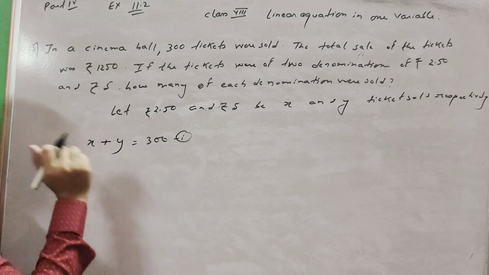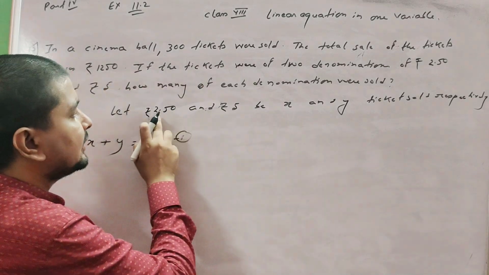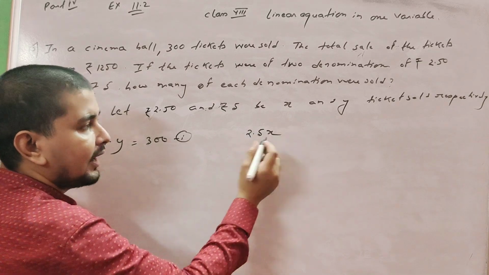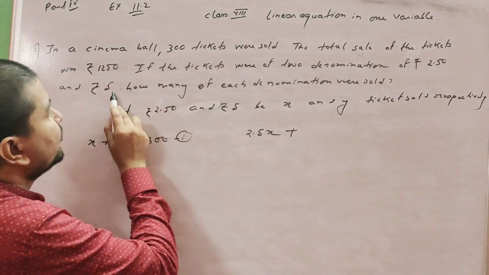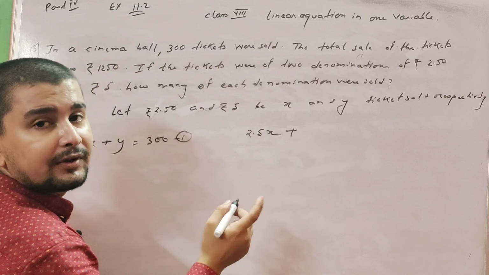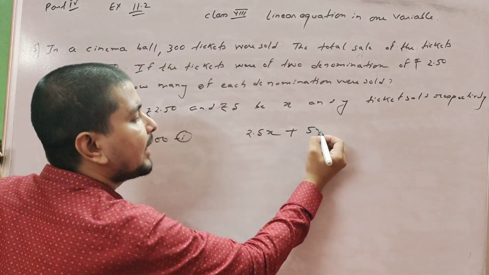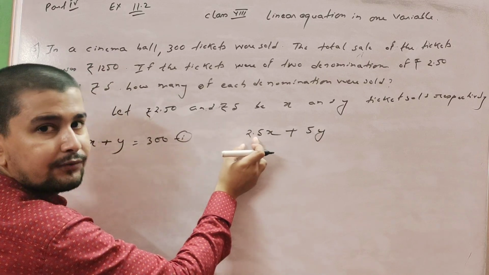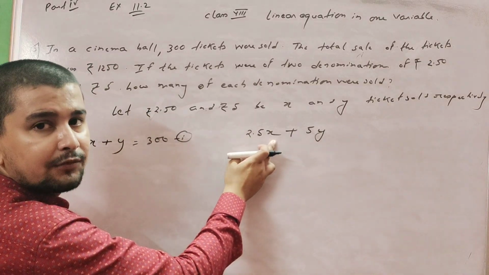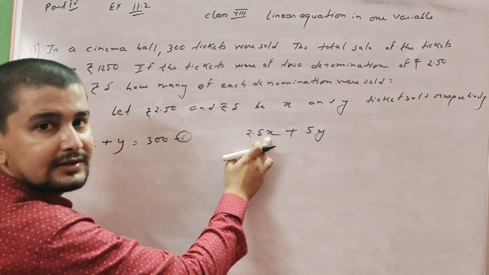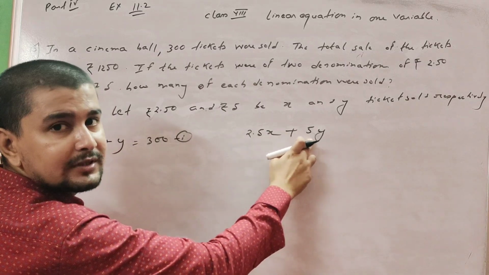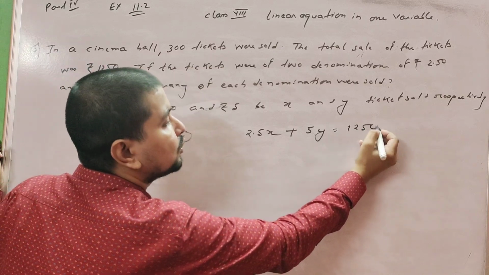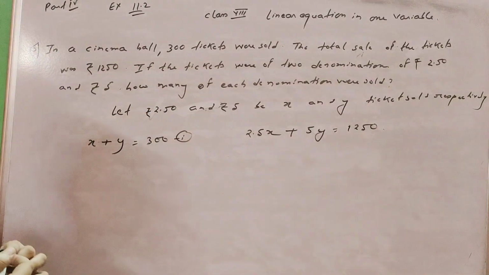Now you sell X tickets of 2.50, that means 2.5 into X, plus 5 rupees tickets, the number of tickets being Y, so 5 into Y, that is 5Y. Your total collection is 1250.